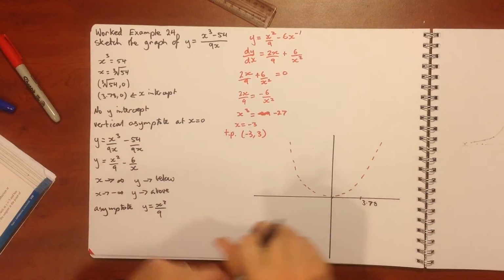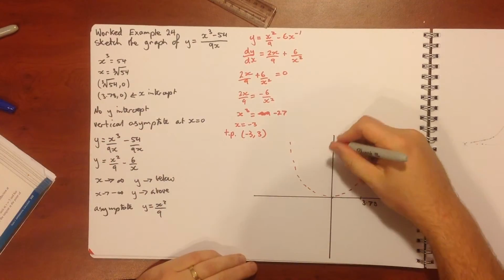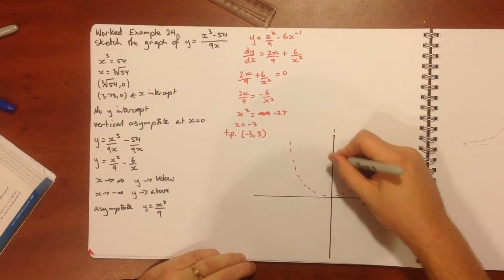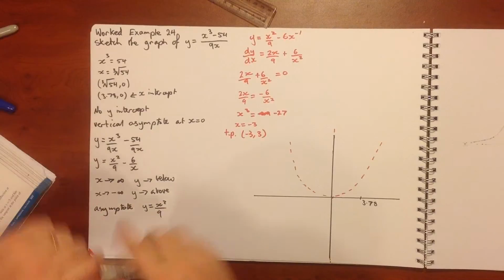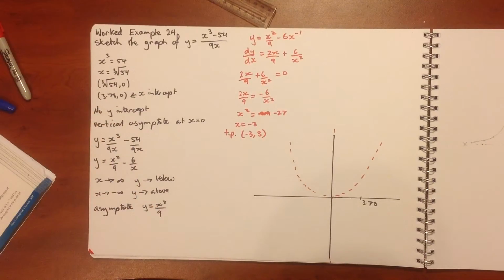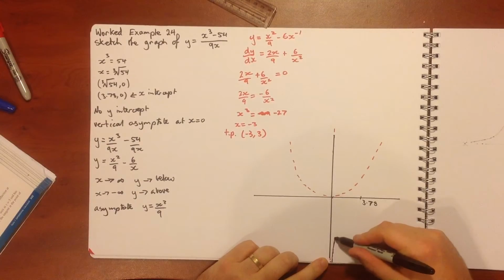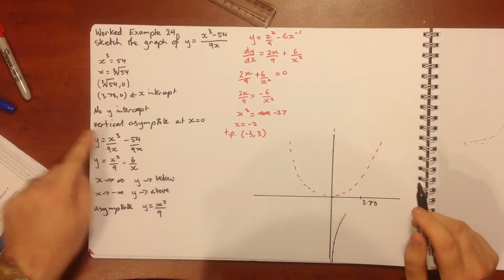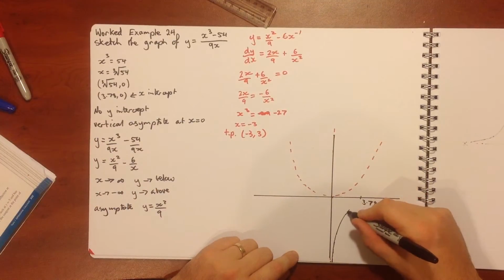And hang on, I almost forgot, we've got a vertical asymptote as well, going down here. So we know we need to approach our asymptote, so we can come this way. And as we approach positive infinity, we're going to approach our asymptote from below.